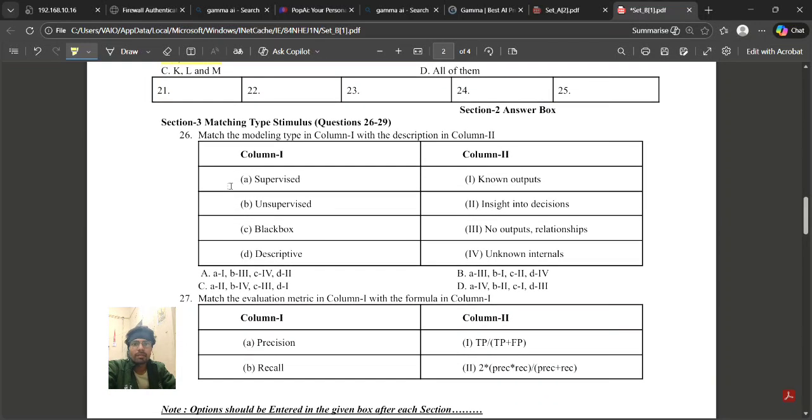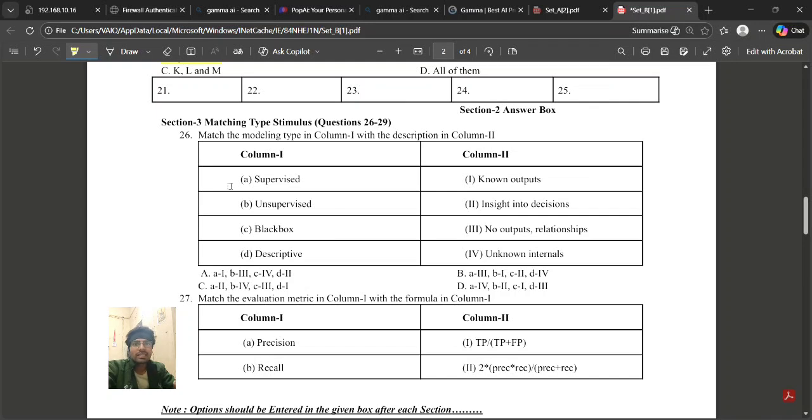Now go to the match section. In the match section, the question number is 26. Match the modeling type to its description. Supervised learning A uses known output, so that's 1. Unsupervised learning B has no output and finds relationships, so that's 3.